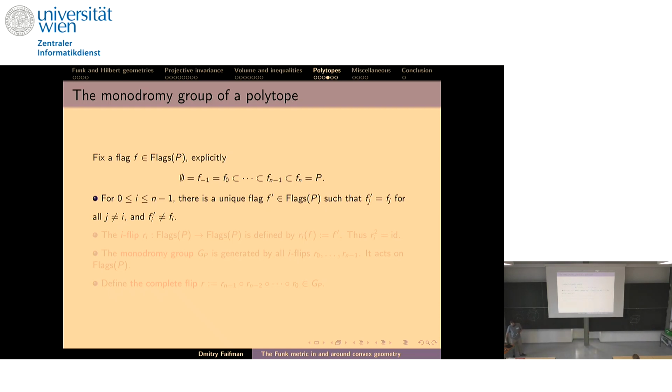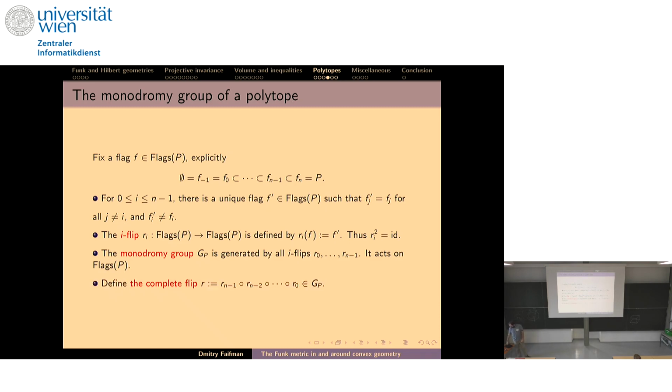So the i-flip is the transposition on the set of flags, which replaces one flag with the other. That's our r_i. And the monodromy group is whatever is generated by all the i-flips.